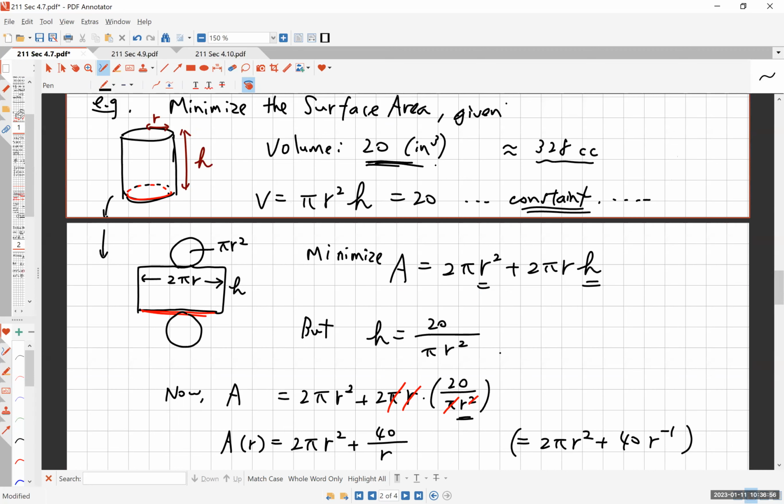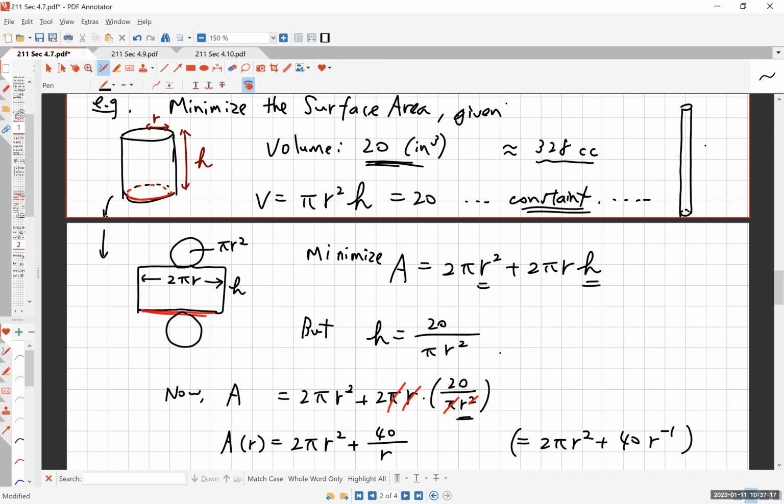You can't possibly get the volume of 20. Okay, so r can be very, very small. r can be 0.0001. But in that case, in order to obtain the volume of 20 cubic inches, your can is going to be like this, right? And that's of course very unreasonable.